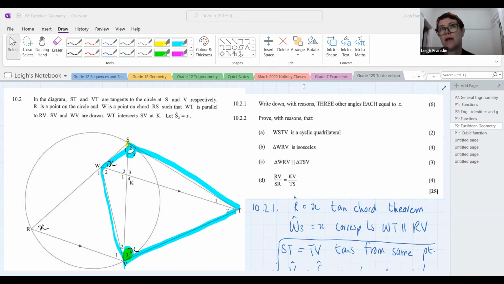Because of converse, and that proves that it's a cyclic quad because of converse angles in the same segment. Okay, so Paul, you are saying S2 equals W2. No, we don't know that W2 is equal to X yet.